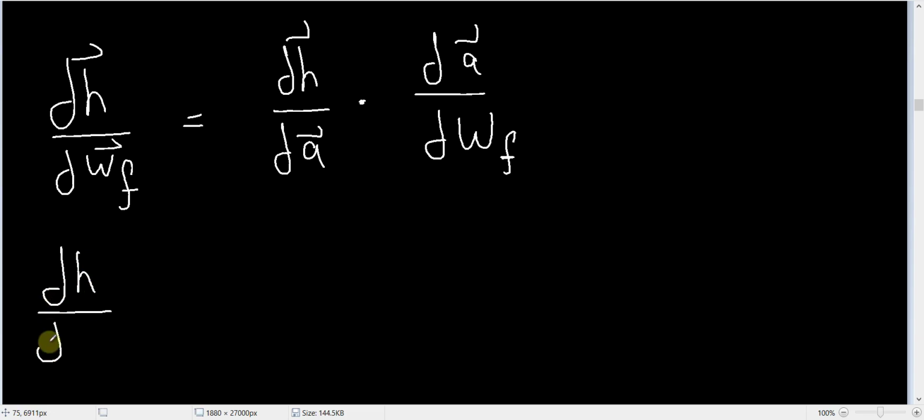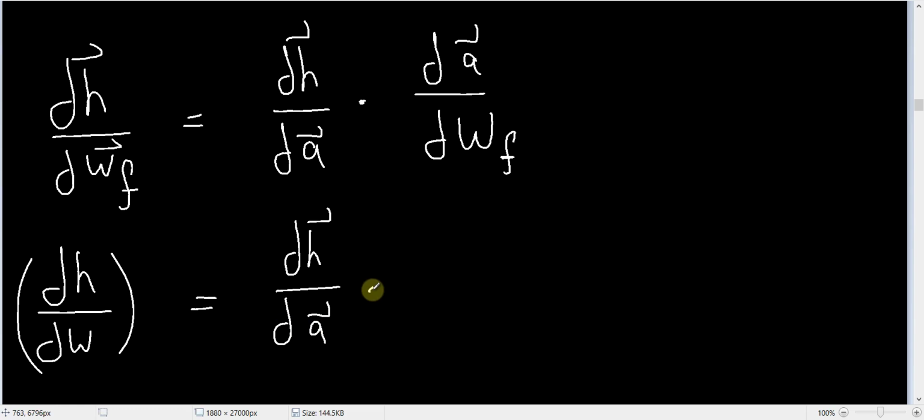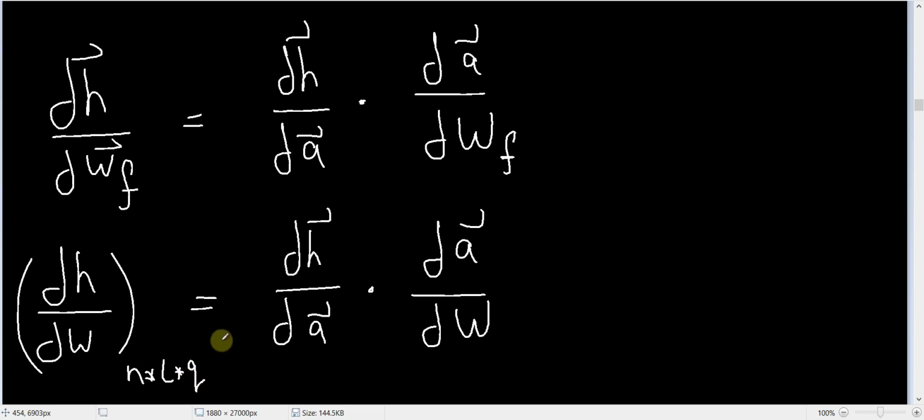So we wanted initially to do this multiplication. We had dH by dW as a tensor, we wanted this as a tensor, and we thought that this would be equal to dH by dA as a matrix multiplied by another 3D tensor dA by dW, just like that. This here had dimensions of n by L by Q, this had dimensions of n by K, and this had dimensions of K by L by Q, and we didn't know how to do this multiplication, this matrix tensor multiplication.